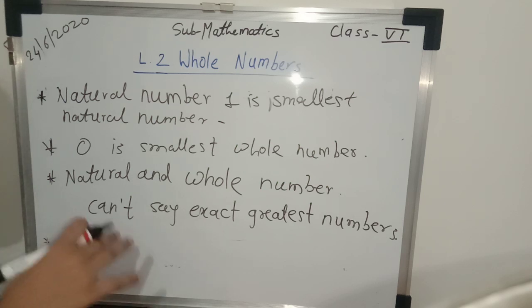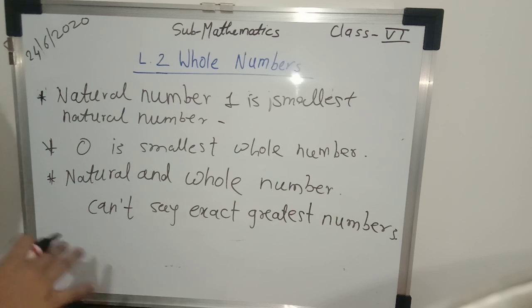We can say which one is the smaller one, but we can't say which one is the greater or bigger number. So in natural and whole numbers we can't exactly say which one is the greatest number.